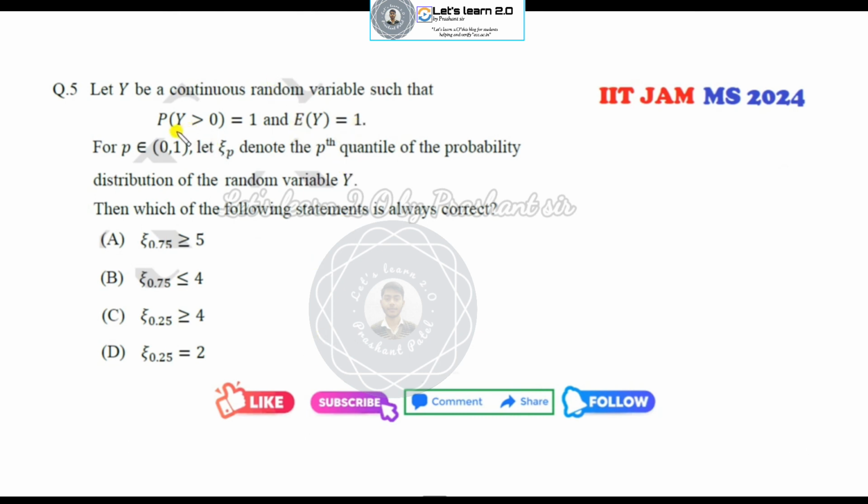Y is the continuous random variable such that expected value is 1 and probability is my 1. So you can assume any continuous random variable. It could be an exponential distribution. Or the easiest one, what is the smallest one?